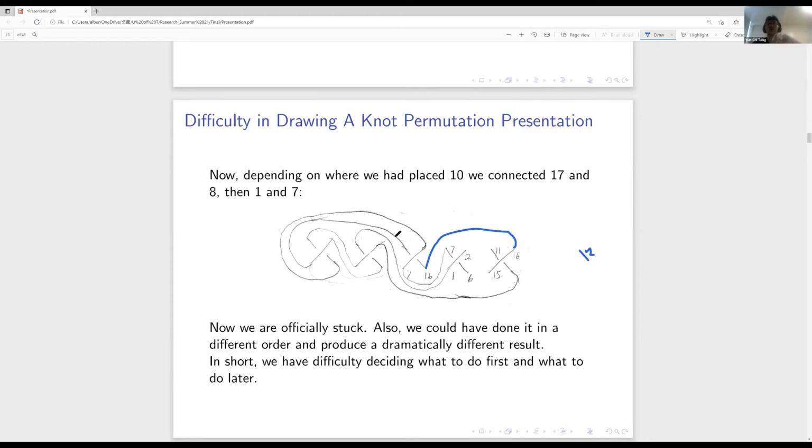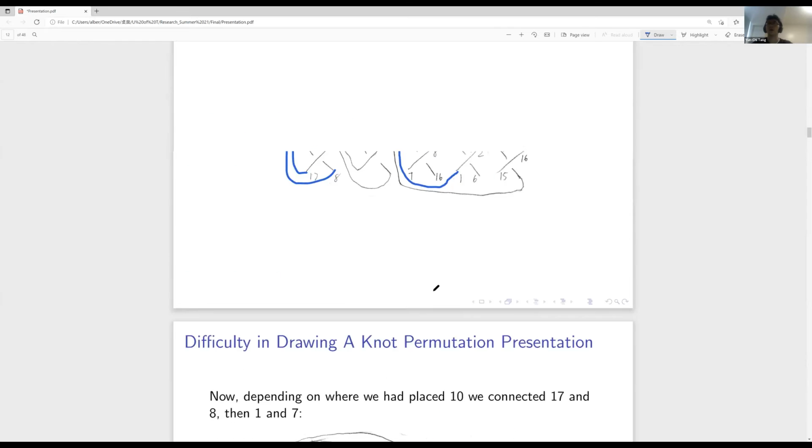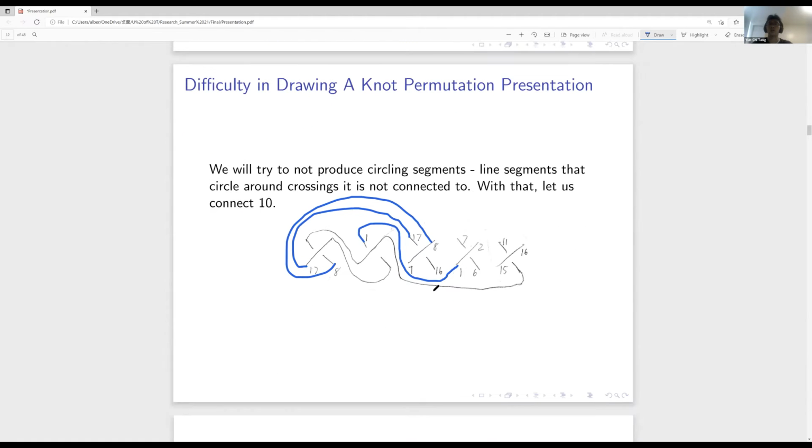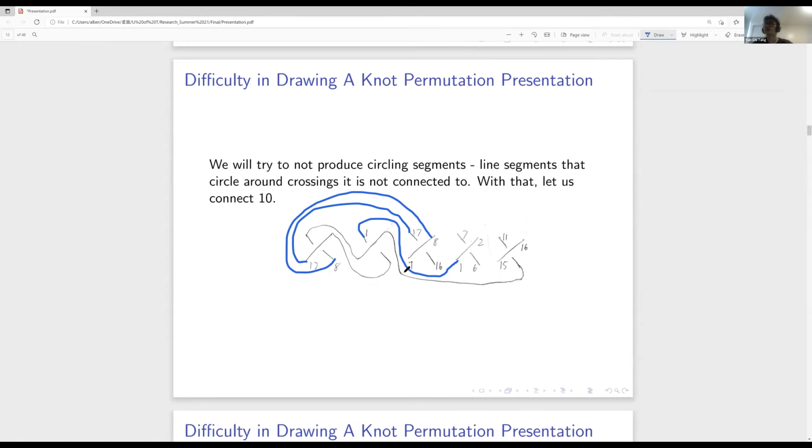And also, I could have done this entire procedure differently. Notice at this step, I didn't really explain why I chose to connect 10 first before everything else. Because in fact, if I choose a different order, I can actually end up in a case where 1 and 10 are the circling crossings.